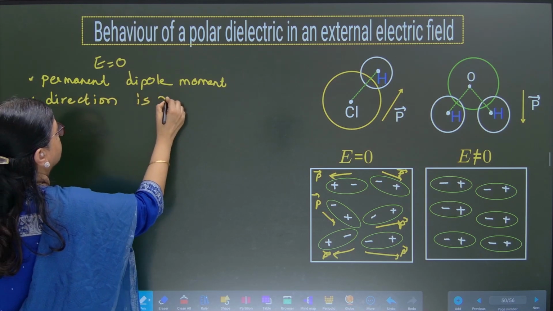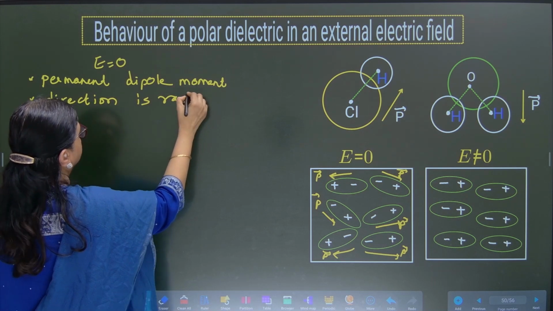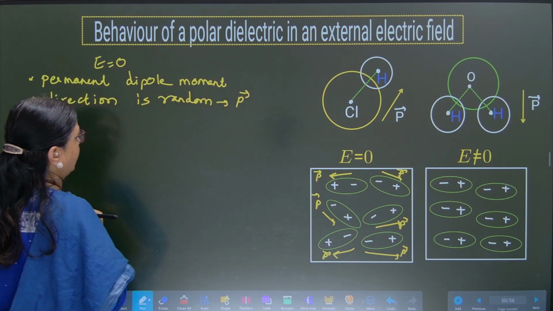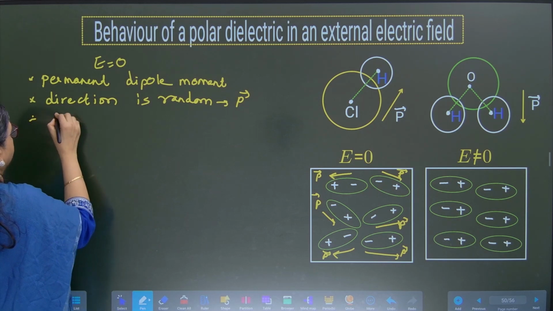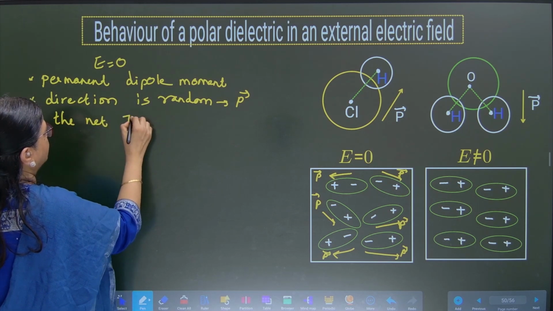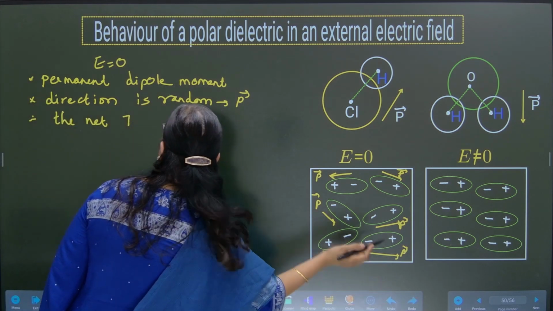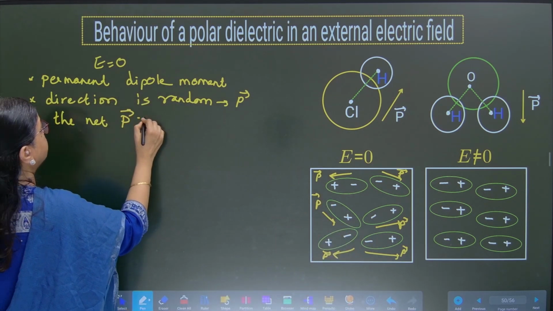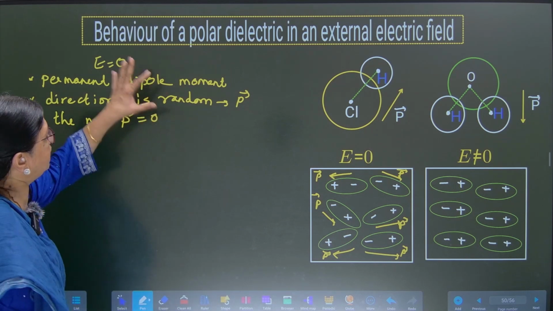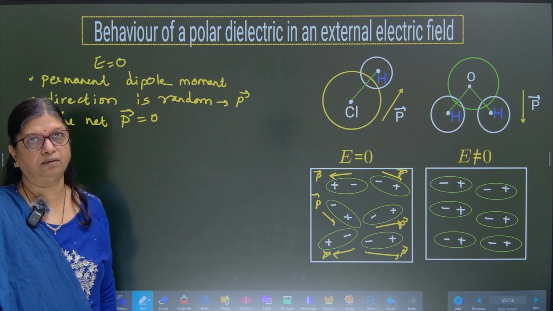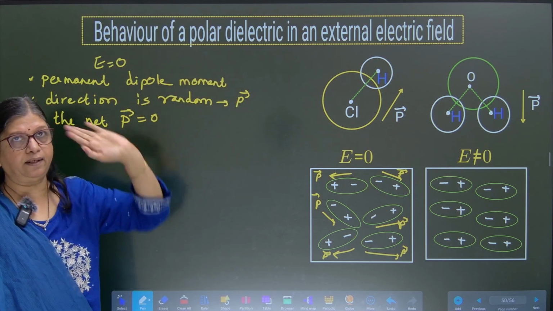P arrow's direction is random. Therefore, the net dipole moment P arrow is 0. This happens in the absence of external electric field for a polar dielectric.